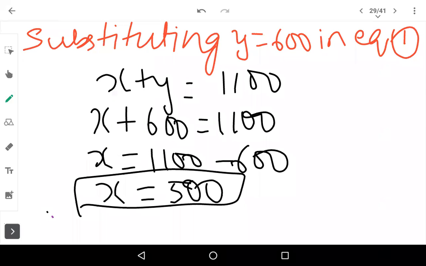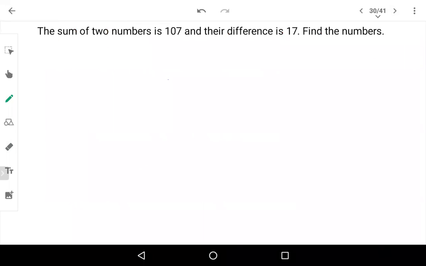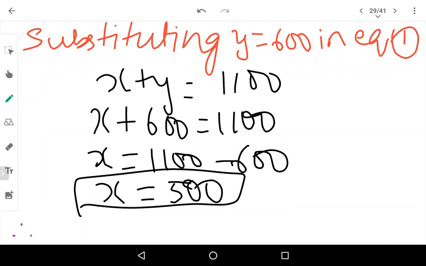Now, who can say me what will be the conclusion? What conclusion should we write? Therefore, what should be the conclusion? Quickly, who can say me what should be the conclusion?